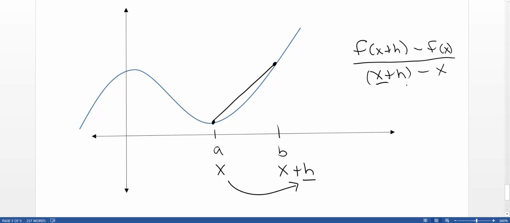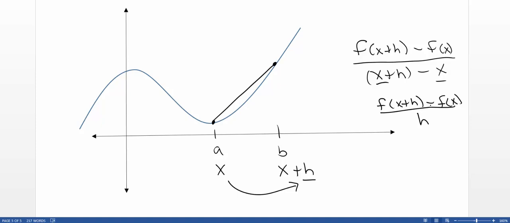We have an x and we have a minus x. So that simplifies into f of x plus h minus f of x divided by h. So the average rate of change between these 2 points is f of x plus h minus f of x all divided by h. That's equivalent to f of b minus f of a over b minus a.